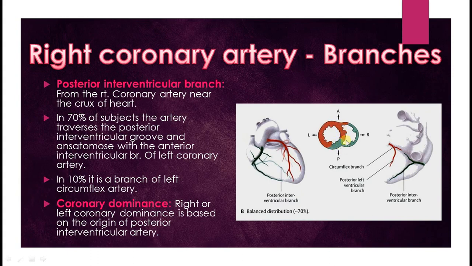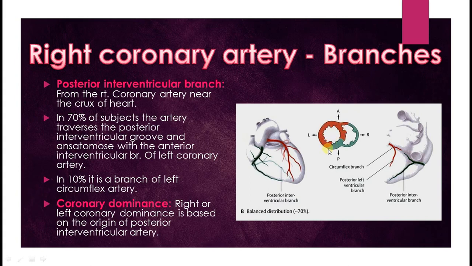The posterior inferior part of the interventricular septum is supplied by the posterior ventricular rami of the right coronary artery. The anterior superior part of the septum is supplied by the left coronary artery, meaning the anterior interventricular branch.